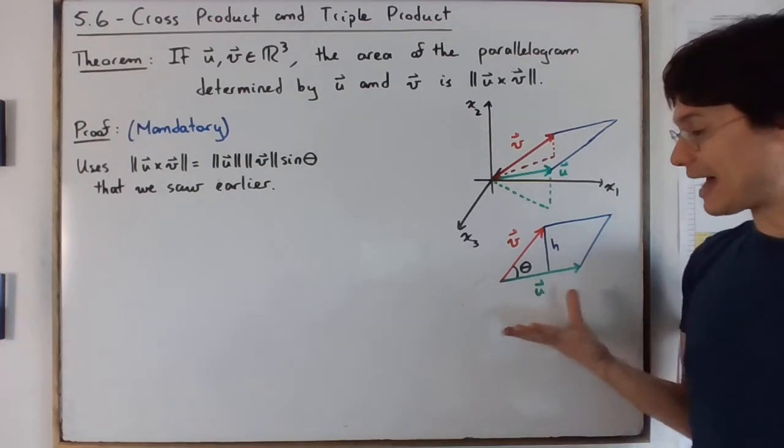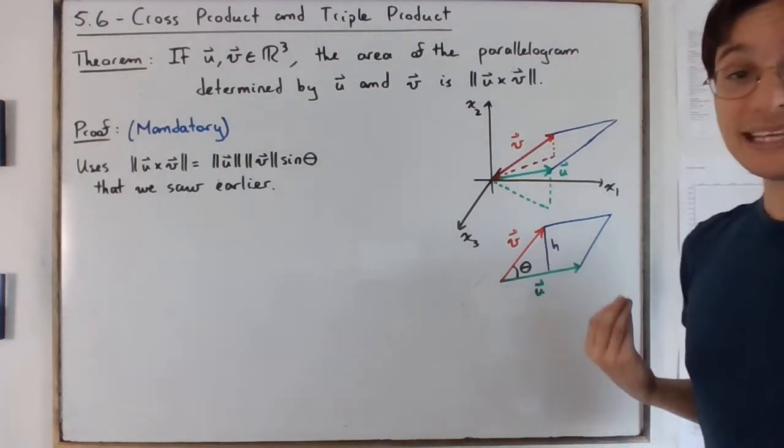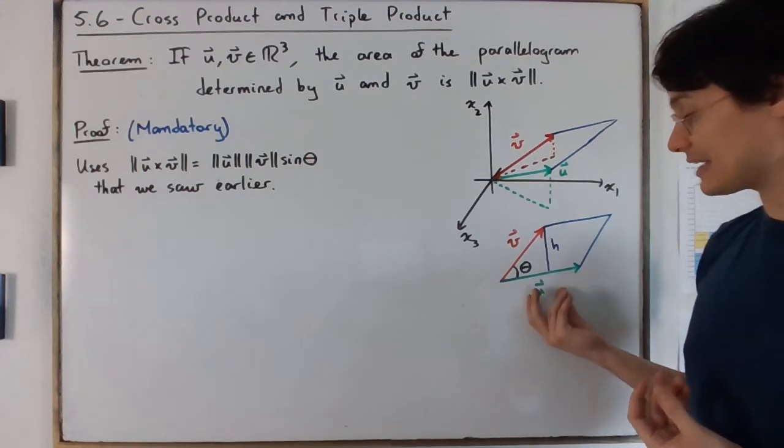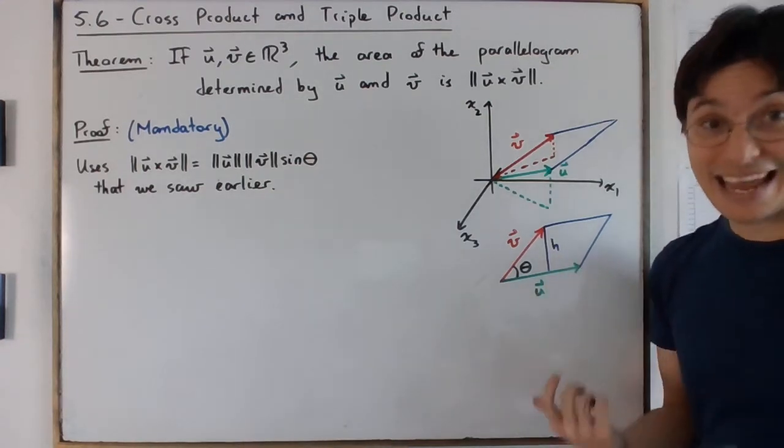So if we look at the parallelogram that is here, its area is simply the length of u times the height h.